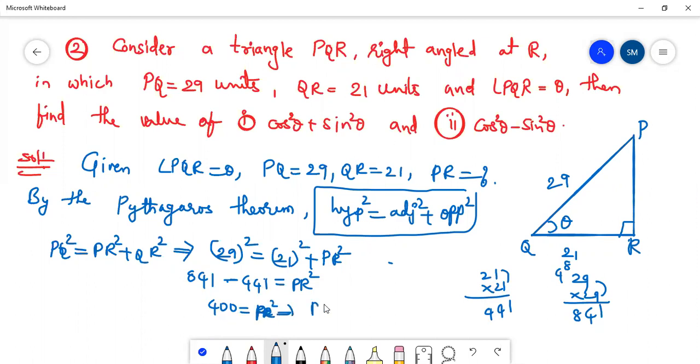From this, PR equal to 20 whole square. Under root, the square root cancels, PR equal to 20.